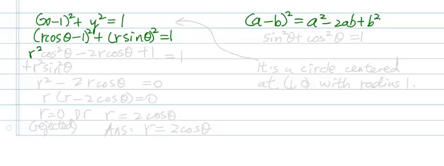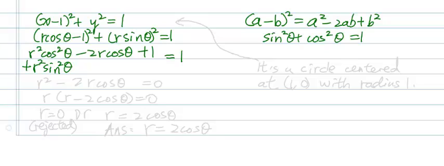Then we have r squared cosine squared of theta minus 2r cosine of theta plus 1 plus r squared sine squared of theta. I put it closer to this side because we can simplify. That equals 1. Then we remember the Pythagorean identity, sine squared of theta plus cosine squared of theta equals 1.